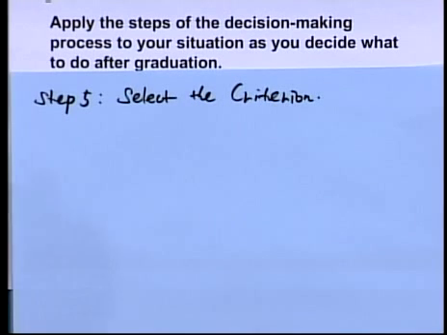Those criteria could be: Does it provide you with enough money, or are you able to continue with your favorite activities, and whether you can enjoy what you will be doing or not, things like that.